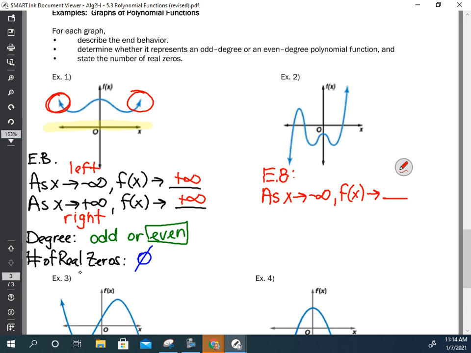Pointing down. Down means what? Down means negative infinity. Now we go on the right-hand side. What is the graph doing? Going up, positive infinity.